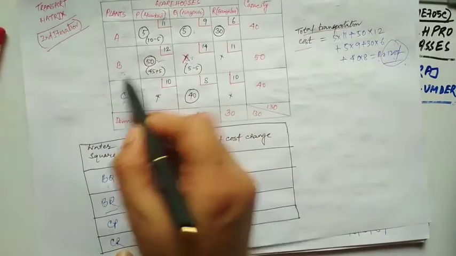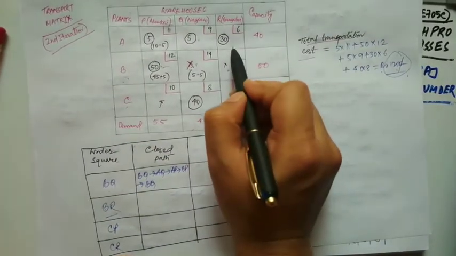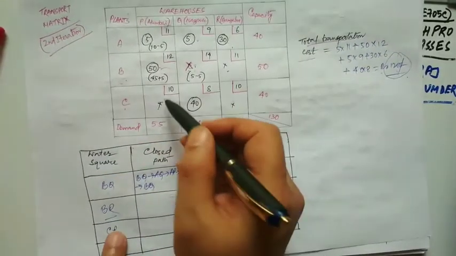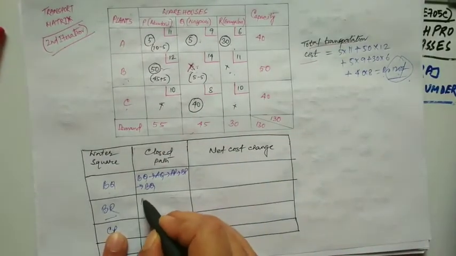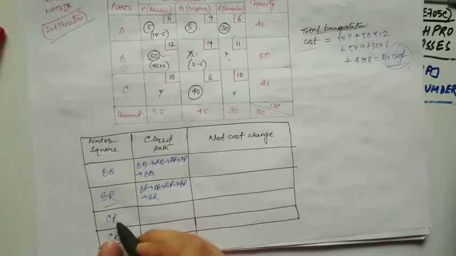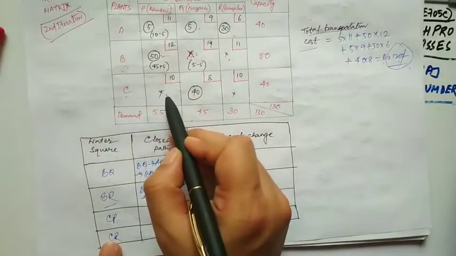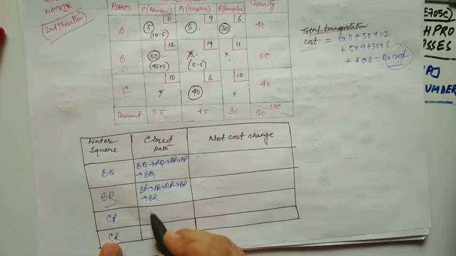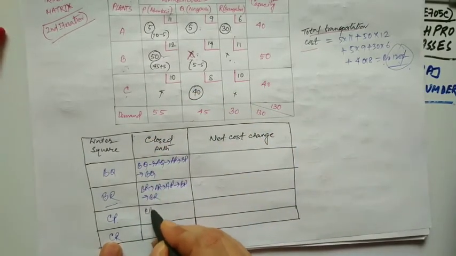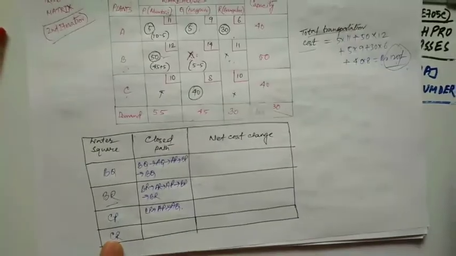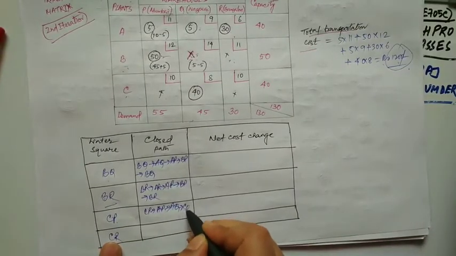Next comes BR. We start from here and go to AR, then as this is allocated, we take a turn to AP, then come back to BR. So the path is BR, AR, AP, BP, BR. Similarly for CP, we start from CP, then AP, then AQ, then CQ, and back to CP.